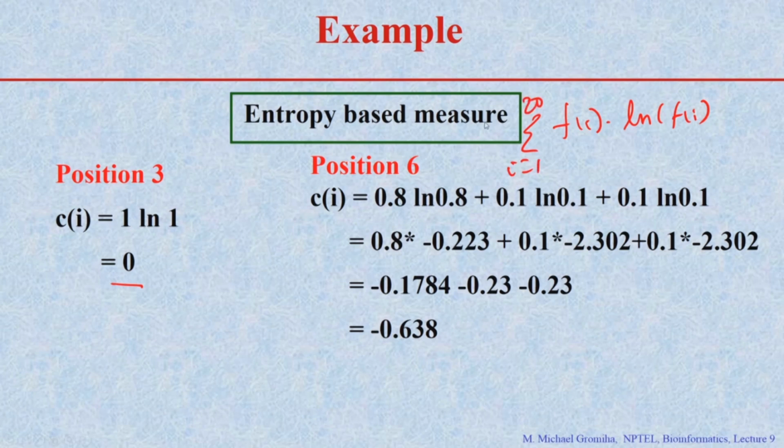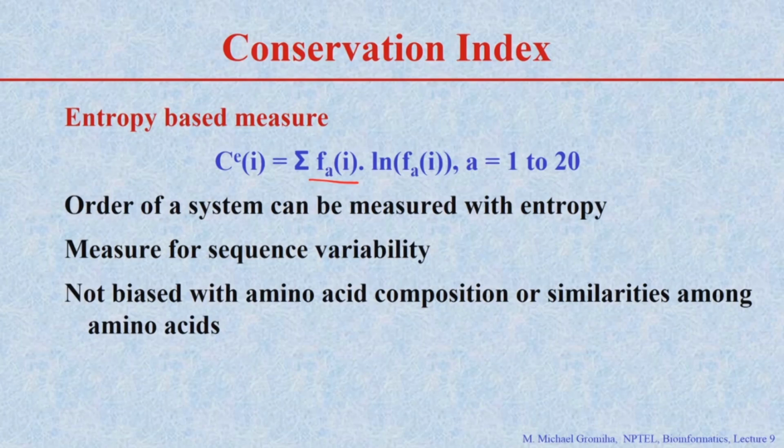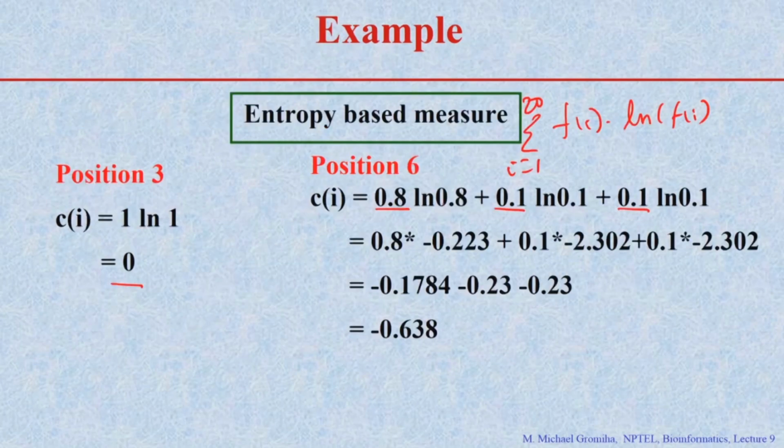Here we have only 3 amino acids, with frequencies 0.8, 0.1 and 0.1. So the conservation score is 0.8 into logarithm of 0.8, plus 0.1 logarithm of 0.1, plus 0.1 logarithm of 0.1. We substitute the numbers and finally get the conservation score of 0.638.